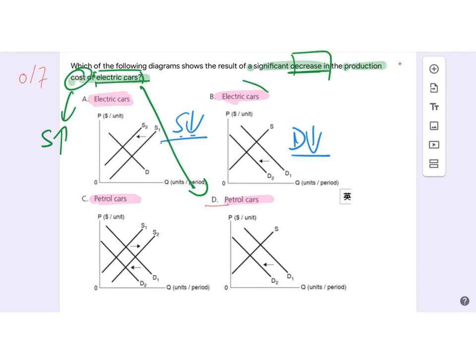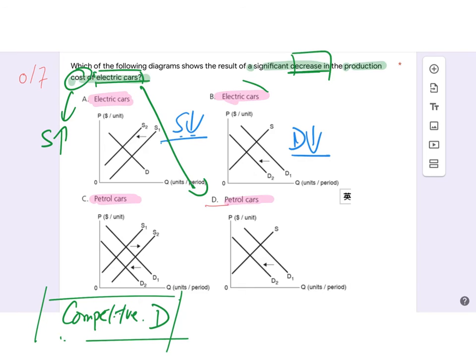It's not the production side, because making electric cars and making petrol cars use different materials. So it's about the buyer, and they are joint demand or competitive demand. Clearly, they are competitive demand. They are substitutes.